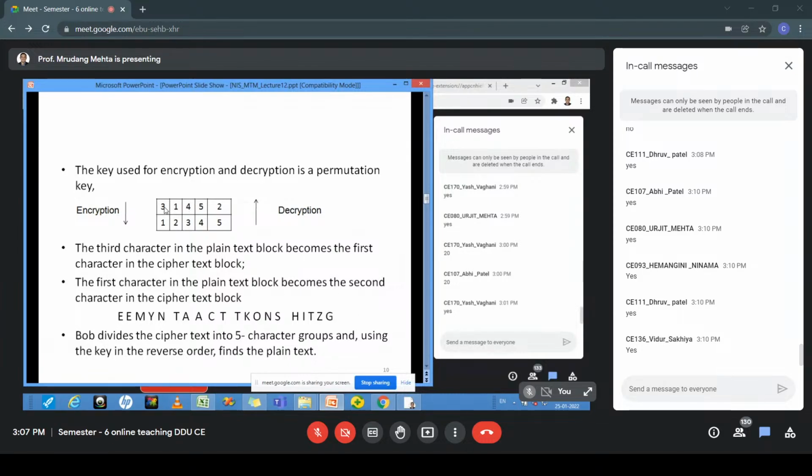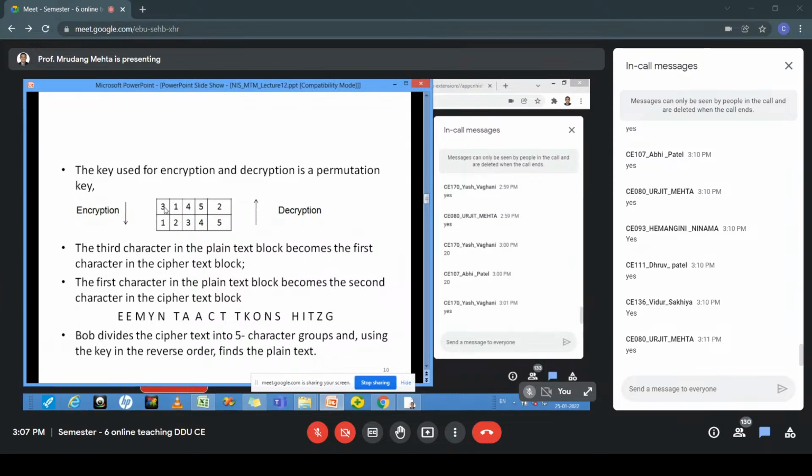Can all of you do this exercise in your book? Have you tested? Okay. One student has written.